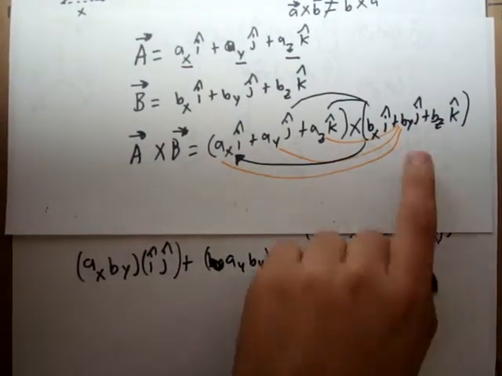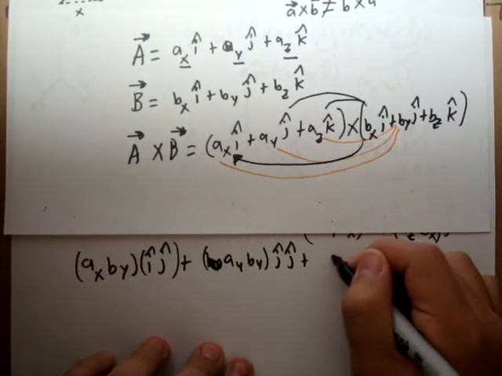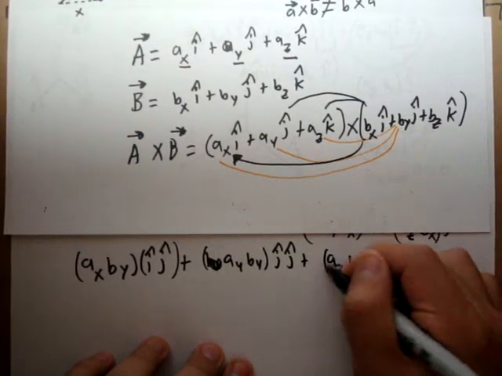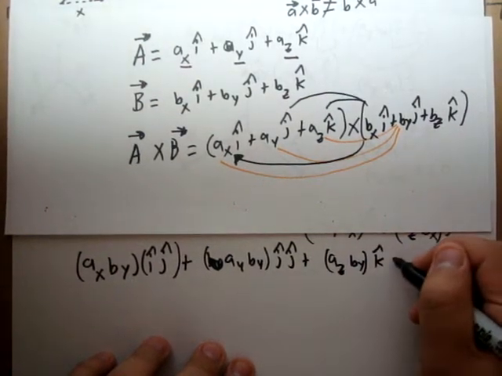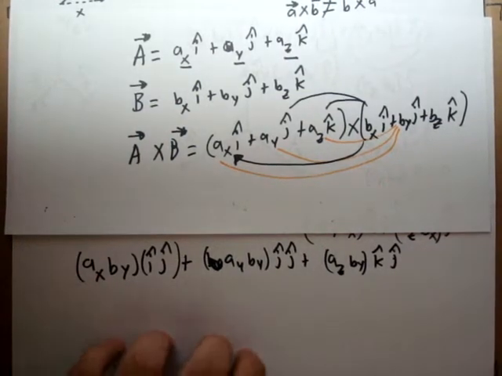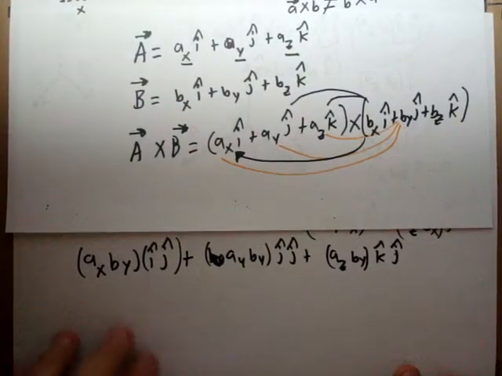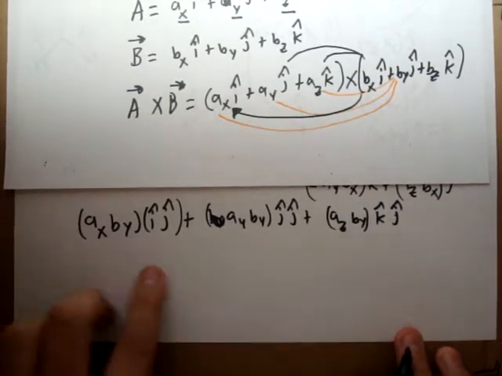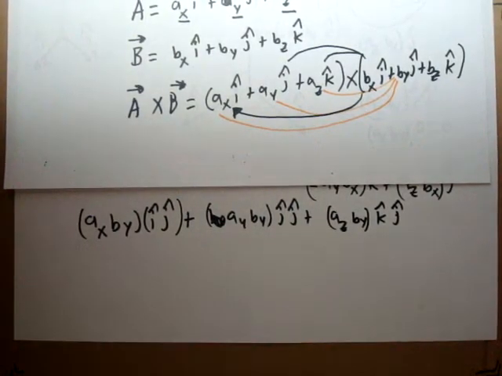Then the third part, it's plus az by k caret j caret. Same idea. Now we're going to analyze these three parts before we join them. We're almost done. We're two-thirds done.